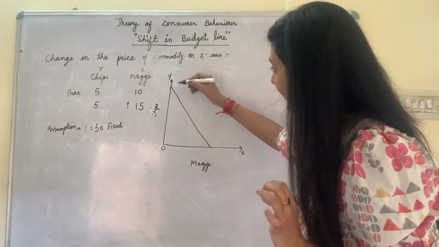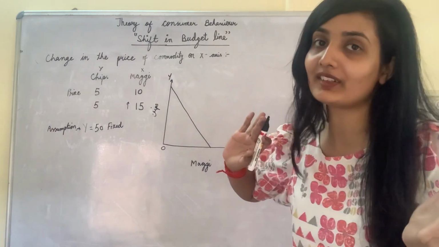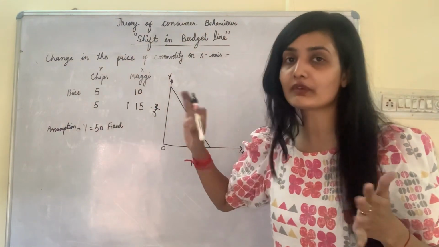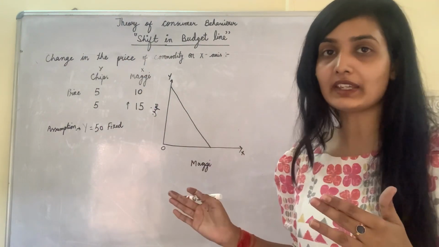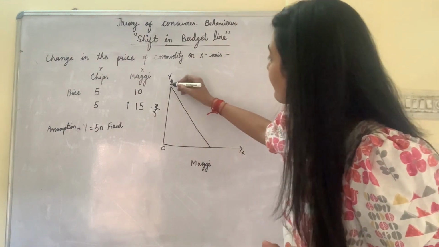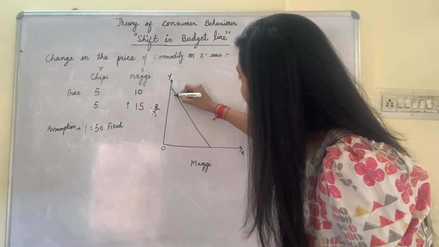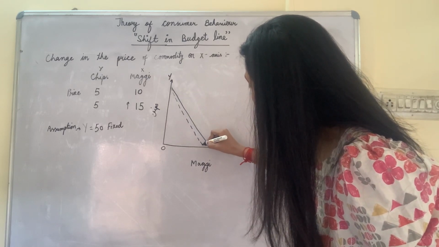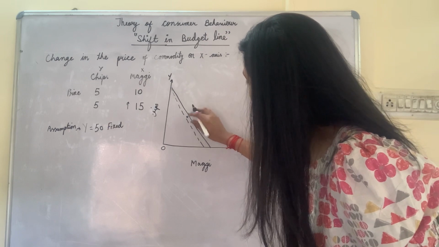So our budget line will rotate, not shift, because the price of chips is fixed and we purchase whatever we were purchasing. So it will shift leftwards.